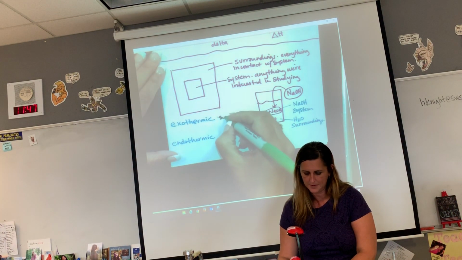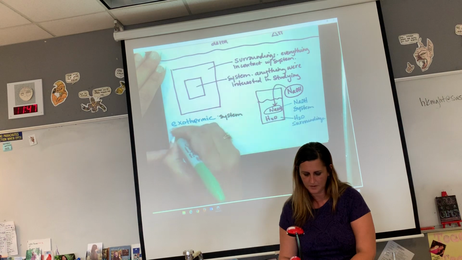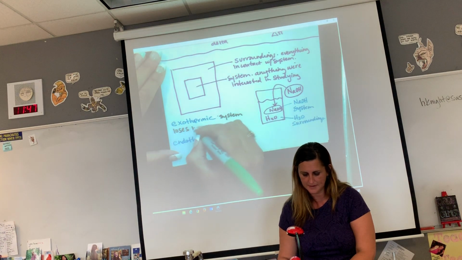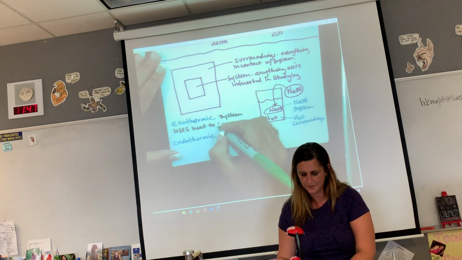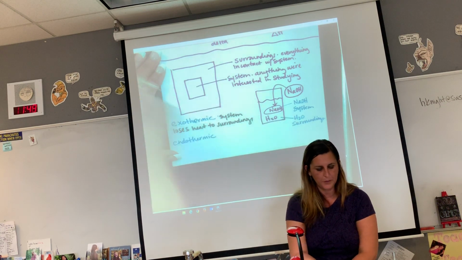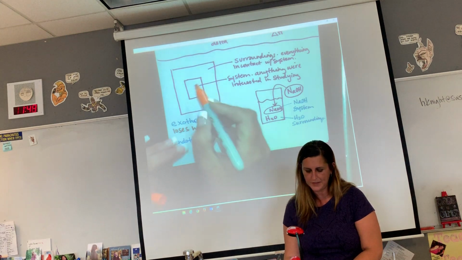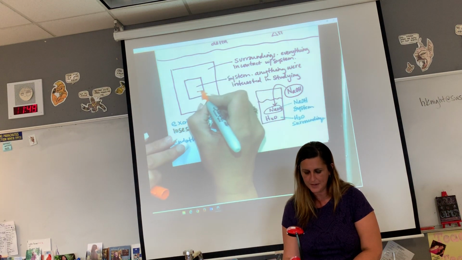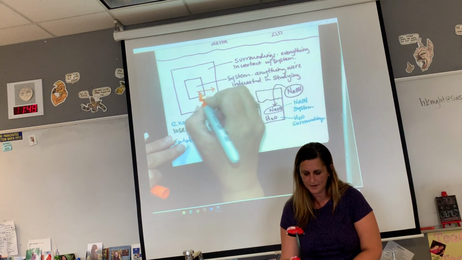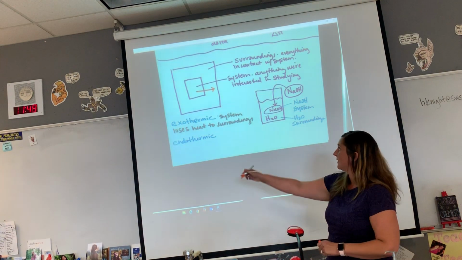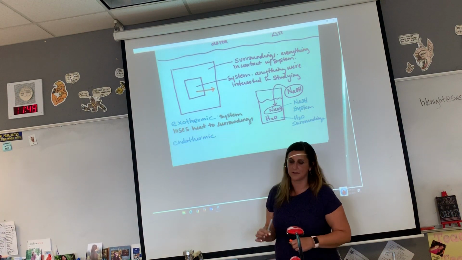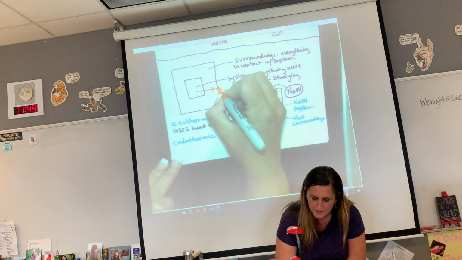So the system loses heat to the surroundings. So if we were going to draw that, if this is the system and the surroundings are out here, then heat leaving the system and going into the surroundings, this would be exothermic.